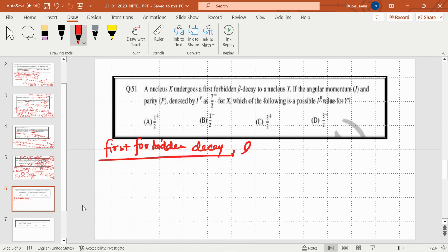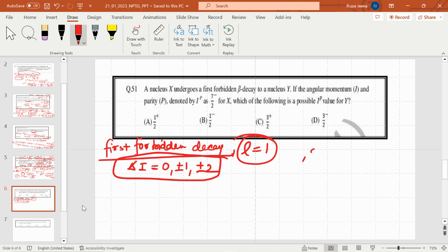For first forbidden beta decay, L is equals to 1, and the change in overall angular momentum is 0, plus minus 1, and I guess plus minus 2. These three values, because S is either 0 or S is equals to 1. So I have given you the hint. Please do this question. This is a very easy question.